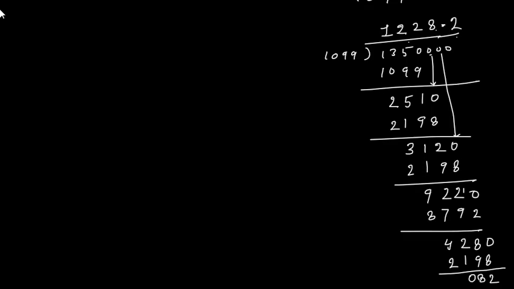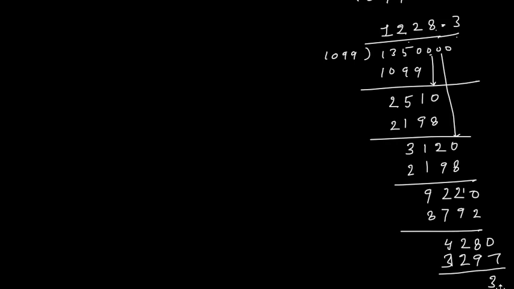So no, 3 times we can take, because this is 4. 3 nines are 27, plus 2 is 29. So here 2, and 3 ones are 3.